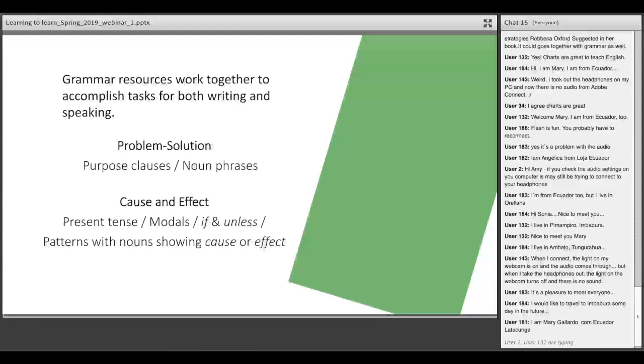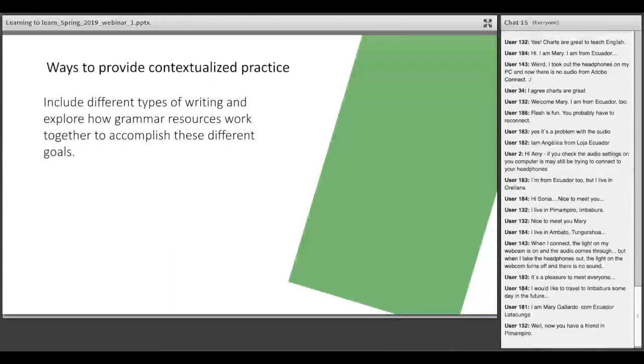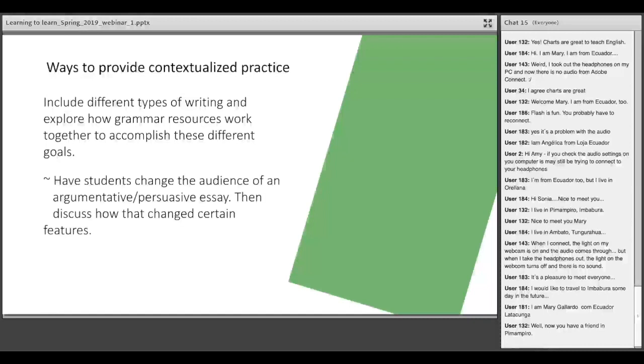These are also really linked with certain adjectives, but we're not going to go into those. But the idea is that there are these features that are sometimes very common in the writing tasks that we're asking our students to do, and we want to make sure that our students know how to make these features work together.